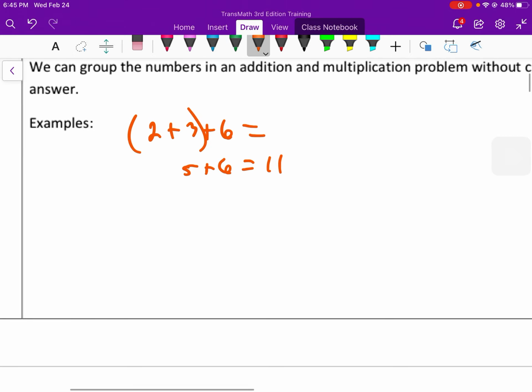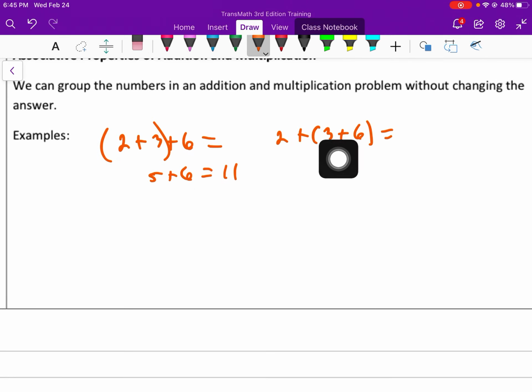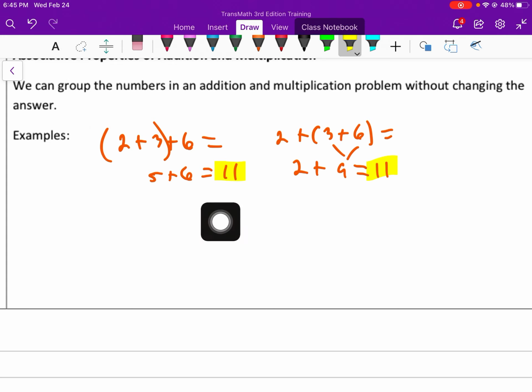We can regroup it as 2 plus the quantity 3 plus 6, and then in order of operations, we do parentheses first. So 3 plus 6 is 9, and 2 plus 9 is 11. So they both equal 11, but we did a different order. So this is the associative property.